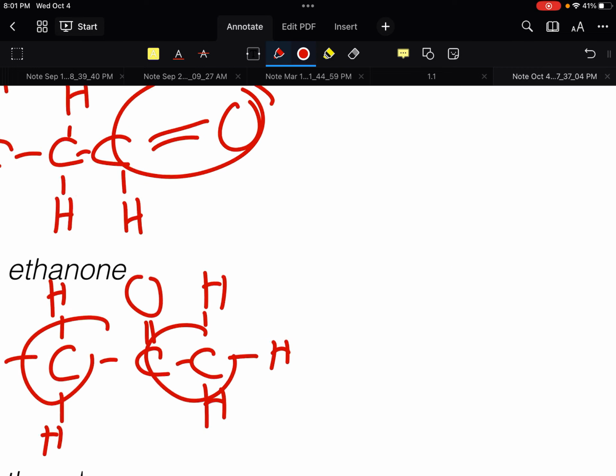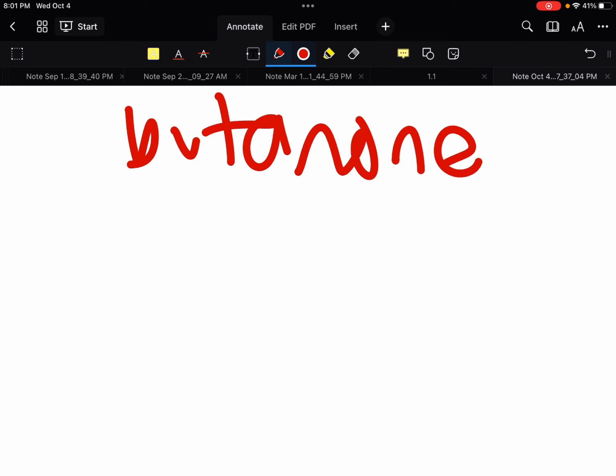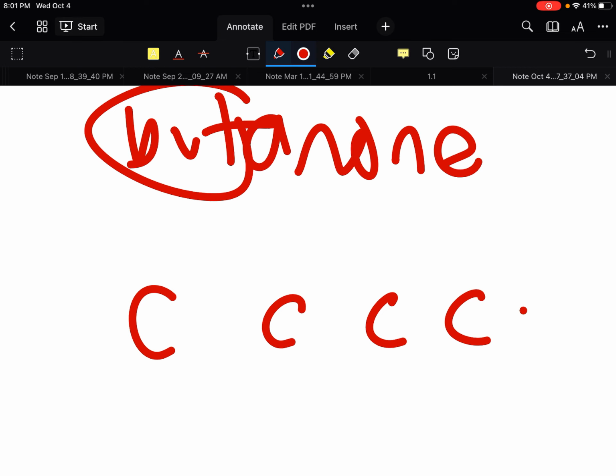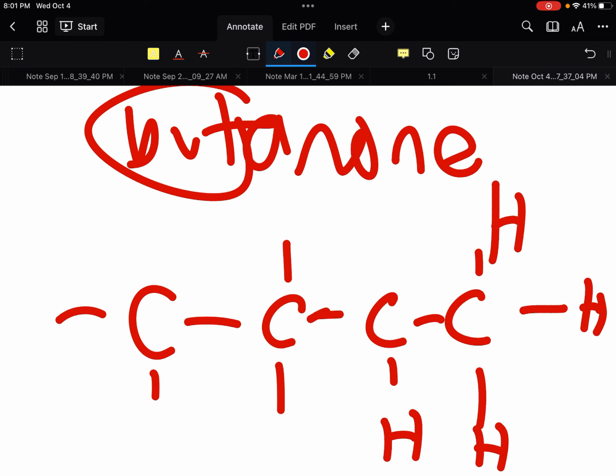So let's say butanone. Butanone has 4 carbons, because but, 1, 2, 3, 4. H is here, H is here, H is here, just decorating this thing with H's.